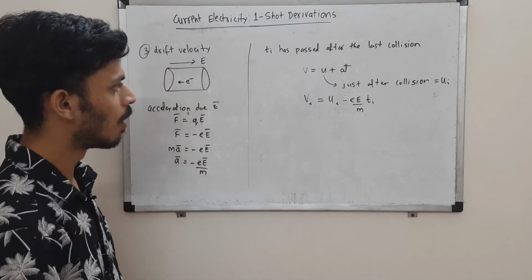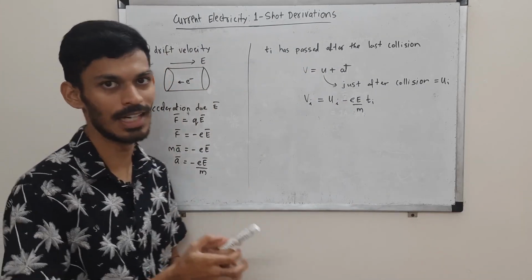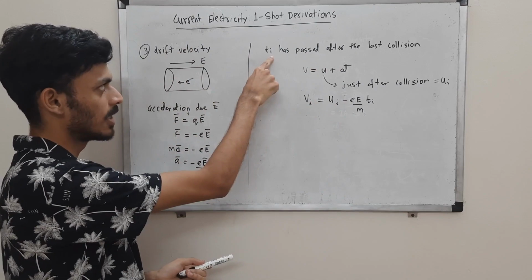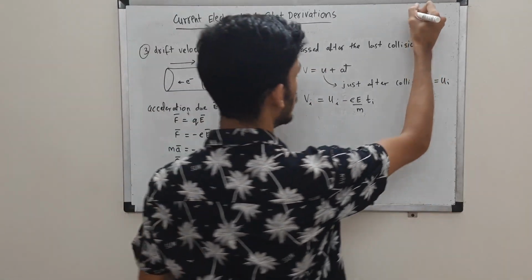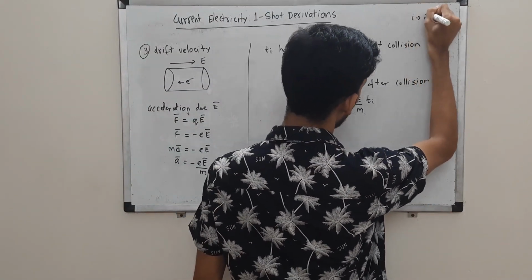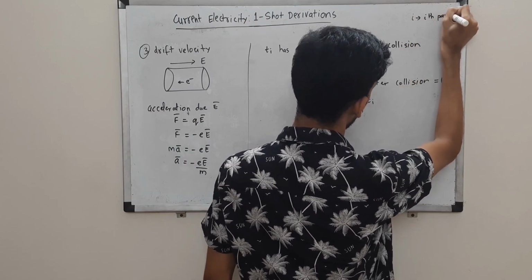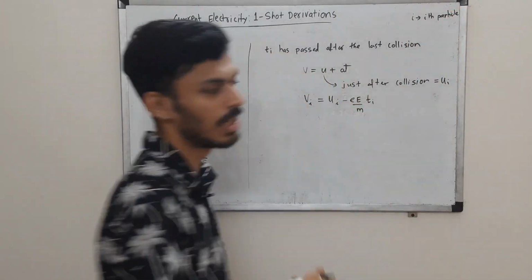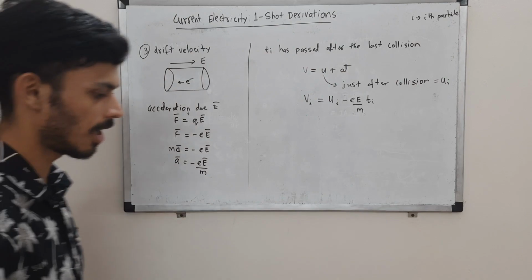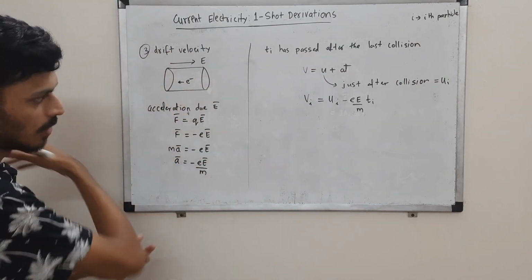Now we have to take the average, right? This is for a particular electron. This i index is showing that it is for the ith electron. So now we have to take the average over all the electrons that are present in the conductor, which are moving like this.